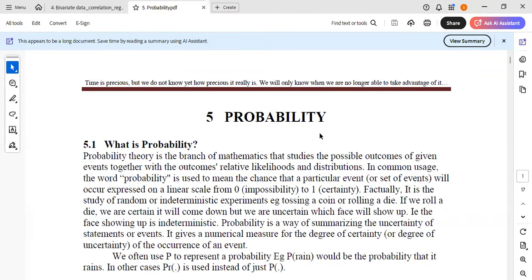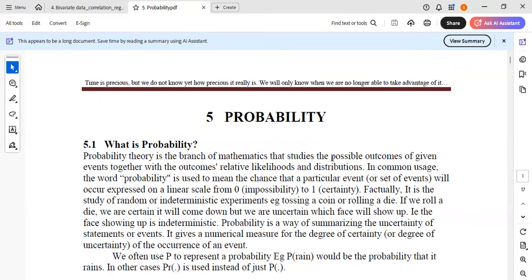So, probability theory is a branch of mathematics that studies the possible outcomes of given events together with the outcomes, relative likelihoods, and distributions. The term likelihood or chance is what posits this aspect of probability.